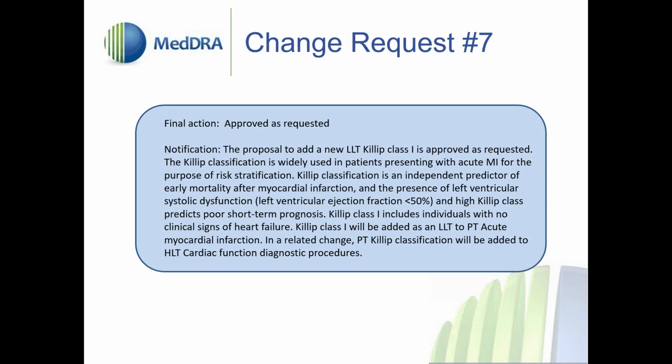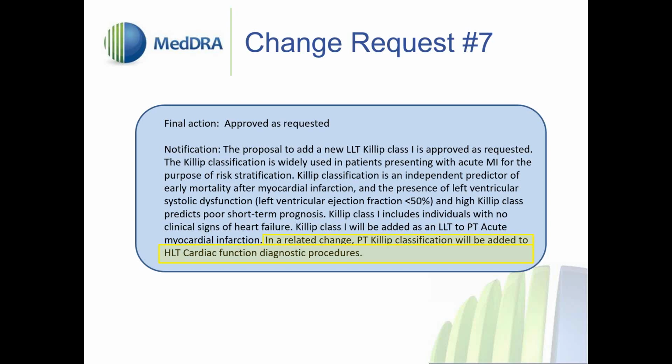So internationally accepted and stable classifications are added in MedDRA as such, and this is why we added not only this one under acute myocardial infarction, but we added as well the KILIP classification in the investigation SOC.